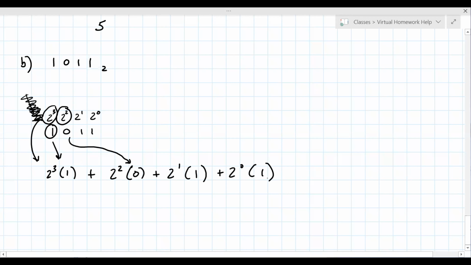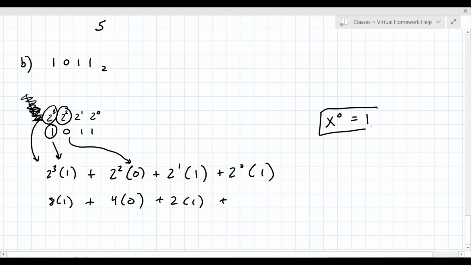So we break this number apart into this multiplication and division. 2 to the power of 3 is 8 times 1, plus 4 times 0, plus 2 times 1, plus anything to the 0 power. That's a property. So any number to the 0 power is always equal to 1. It's a property. So this is 1 times 1. So we've got 8 plus 0 plus 2 plus 1, and this equals 11. So this number is written as 11 with a little 10 there. That's 11 base 10.